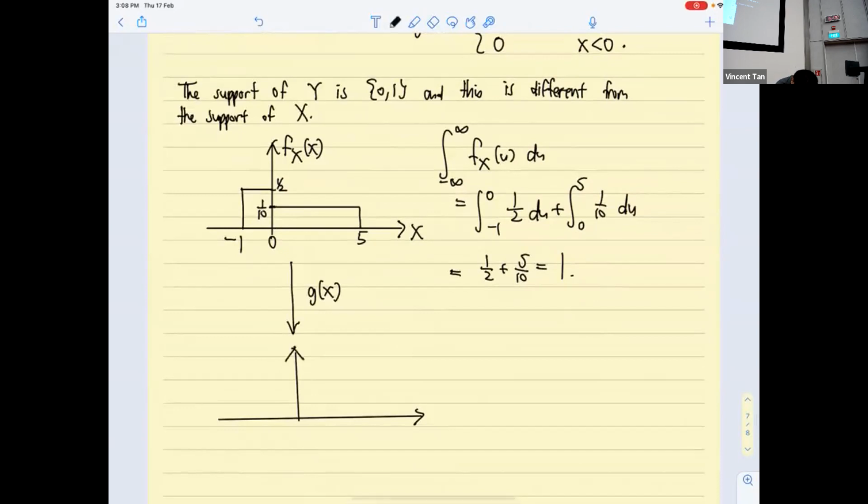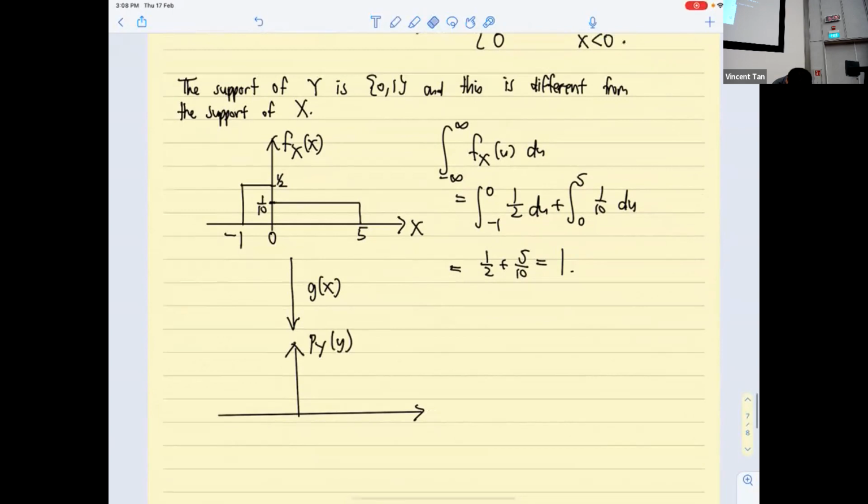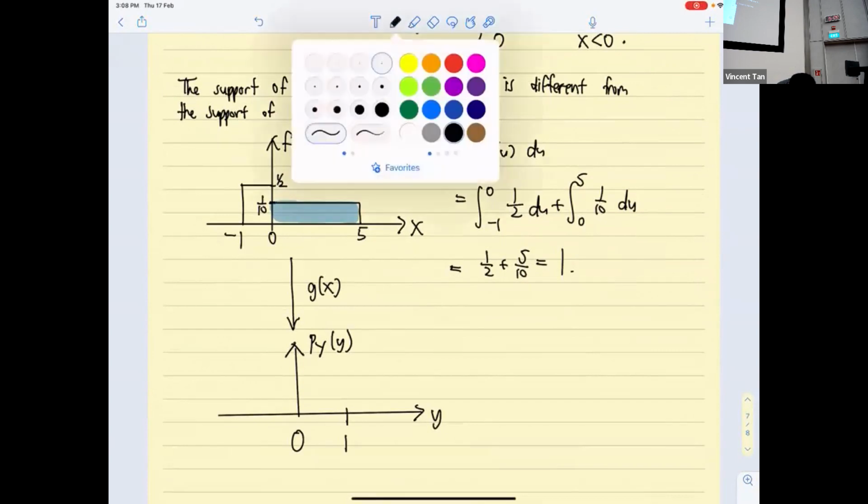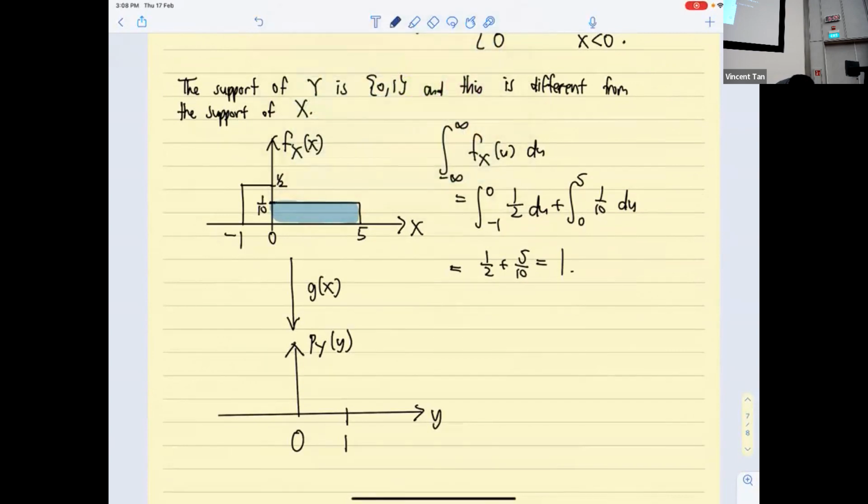So this is our probability mass function for y. Here we are transforming, right? So we have 1 and 0. Whenever x is non-negative, that is this blue part here, we map this to y equals 1. And this has probability half.